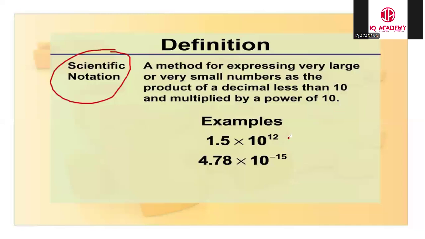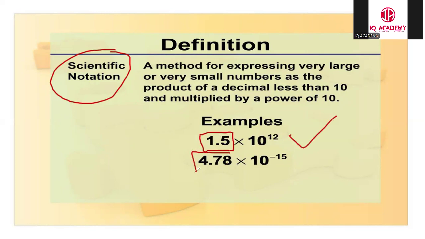So these are examples. We have this number here, the 1.5. This is representing numbers as a product of a decimal number that is less than 10. So 1.5 is less than 10, and then you are multiplying by 10 to the power something. This is what scientific notation is.